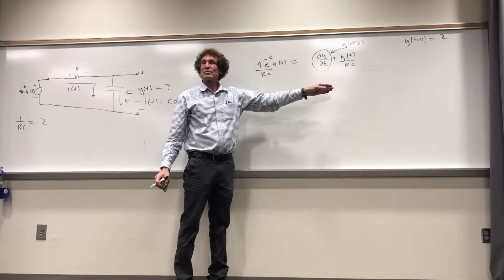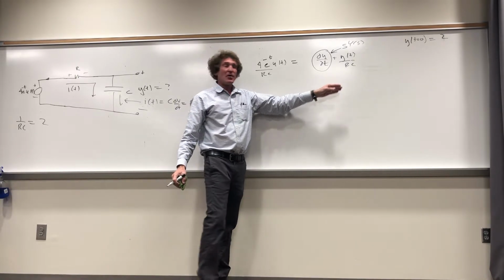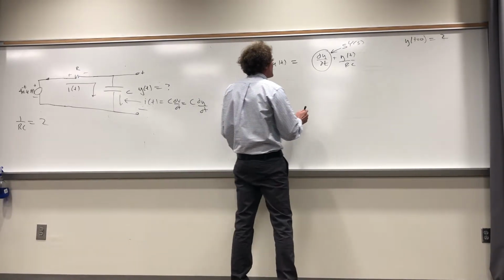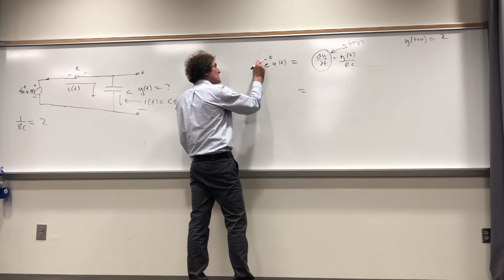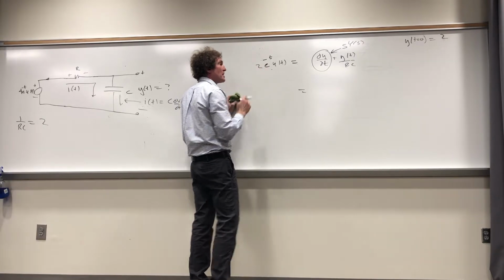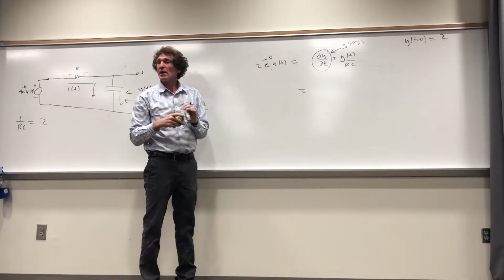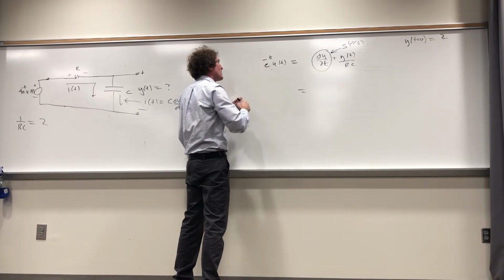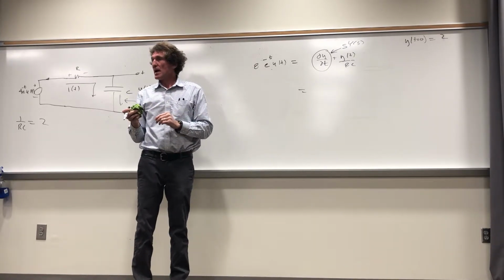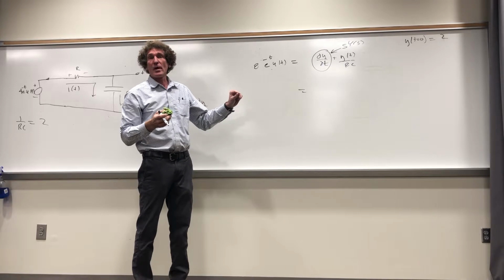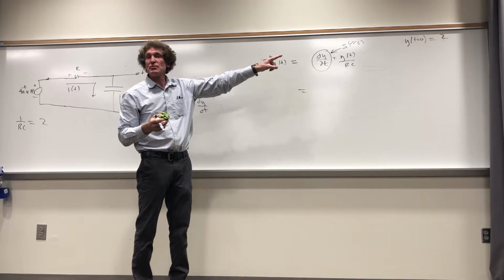This is the brute force approach. Now when I get it down to here, and RC is 2, so the coefficient of this is just 2, isn't it? Correct? What? I'm sorry, 8, you're right. 1 over that, 8. My bad. Thank you. Agreed, class? Now I'm going to put in the initial condition of 2 and solve this.